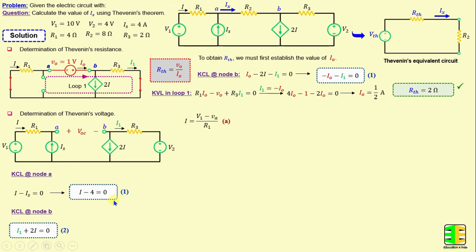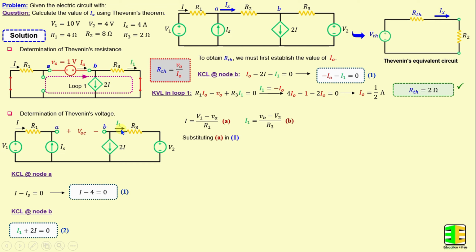And according to Ohm's law, the current I is equal to V1 minus VA over R1. And the current I1 is equal to VB minus V2 over R3, with VA and VB representing the node voltages at nodes A and B respectively.